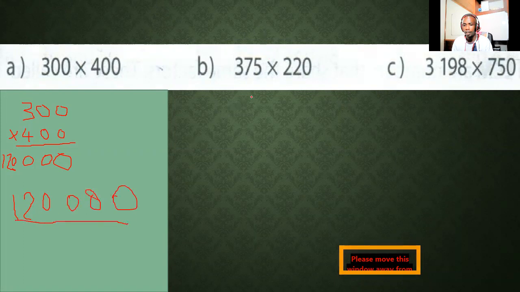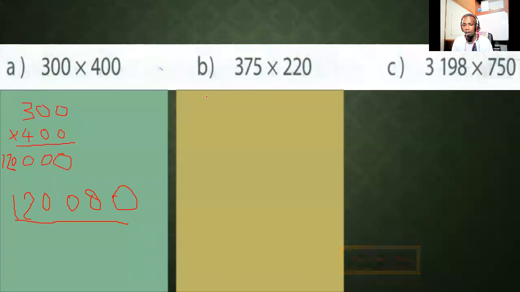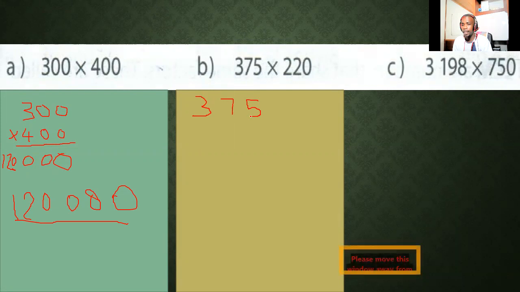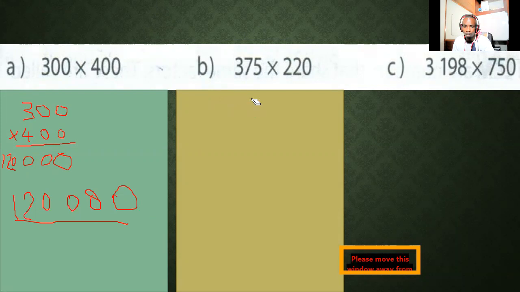Let's go to the next one. 375 times 220. Here we are not rounding off. We have just been asked to calculate. 375 multiplied by 220. Let me just shift this so that I may have space.